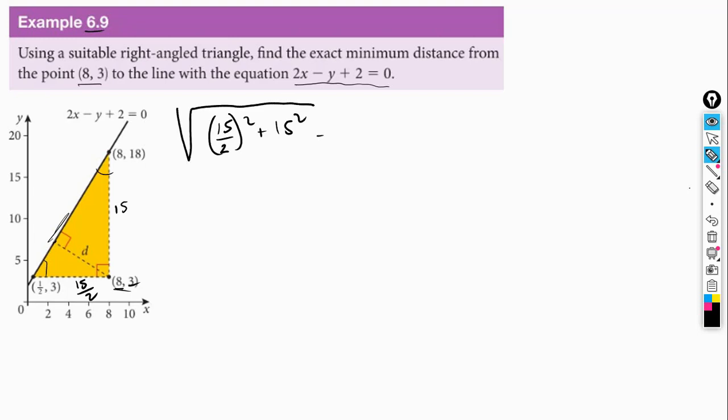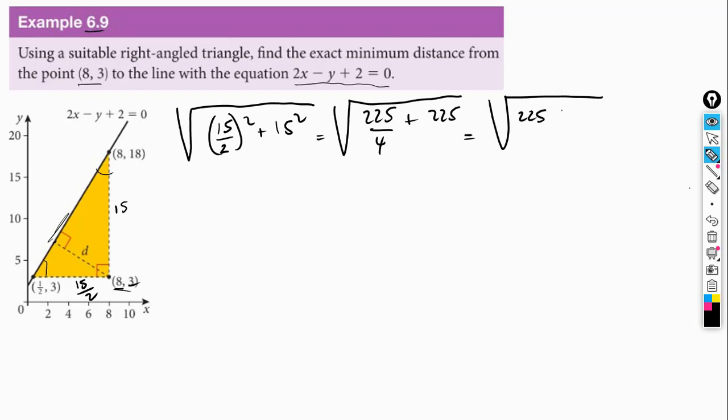And then we're doing this manually with no calculator. So this is going to equal the square root of 225 fourths plus 225. And then we need to simplify this. So this is equal to the square root of 225 plus 4 times 225.